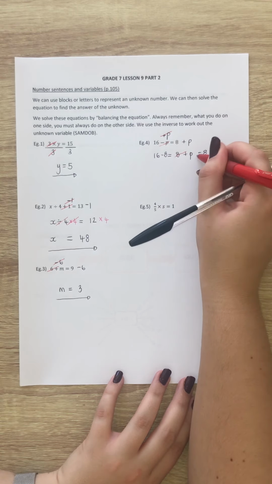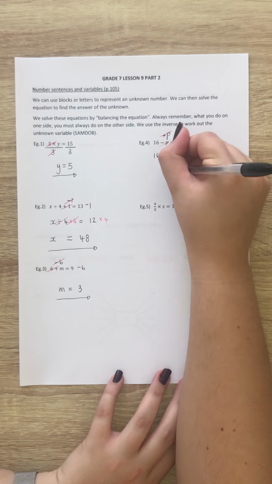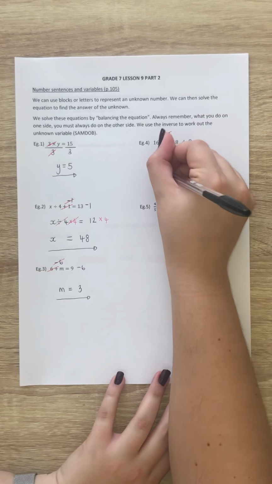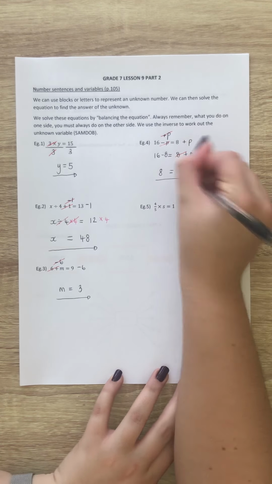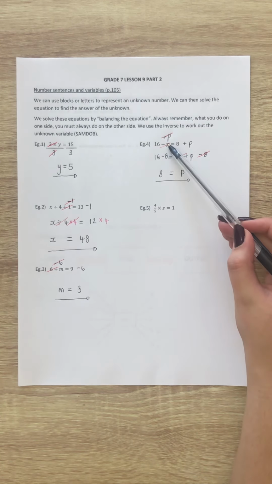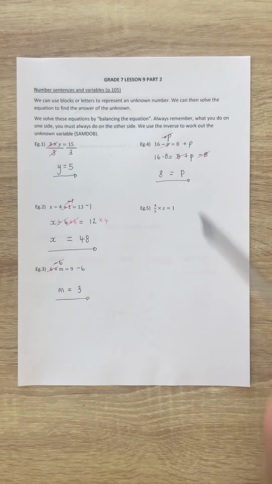So 8 plus and 8 minus, they cancel out. So we're left with p on that side. 16 minus 8 is then equal to 8. So we've just worked out that p is equal to 8. So it's okay if you want to take the p over. We usually only do that though when we've got a negative variable. So these ones we didn't have negatives, however this one we did.